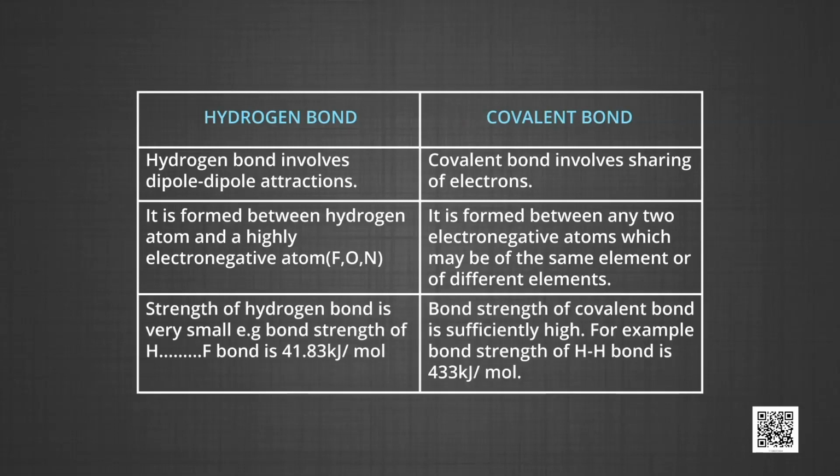The strength of the hydrogen bond is very small. For example, the bond strength of the H-F hydrogen bond is 41.83 kilojoules per mole. Whereas the bond strength of a covalent bond is sufficiently high. For example, the bond strength of the H-H bond is 433 kilojoules per mole.